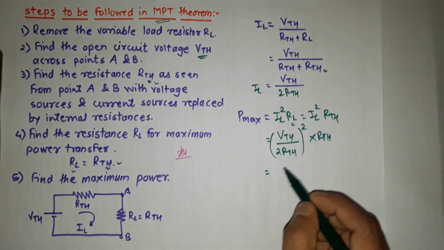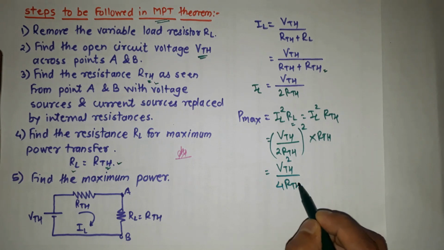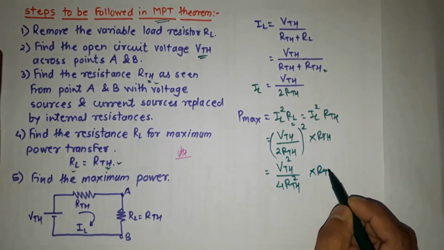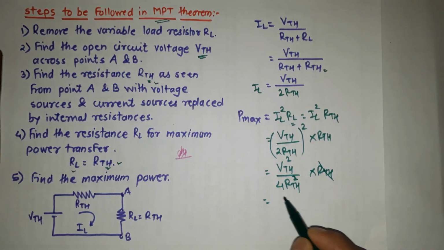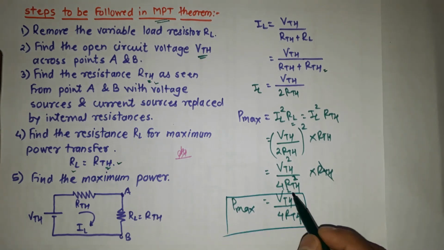So it will be VTH square divided by 4 RTH square into RTH. So one RTH gets cancelled, so it is simply VTH square divided by 4 RTH. So this is nothing but the formula for the maximum power transfer theorem: VTH square upon 4 RTH.